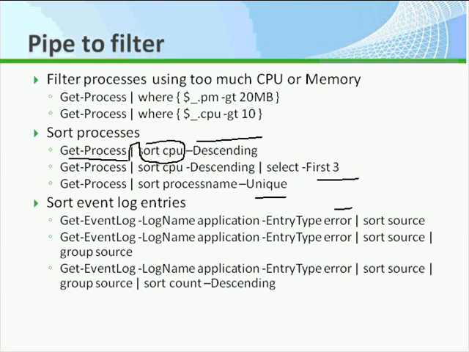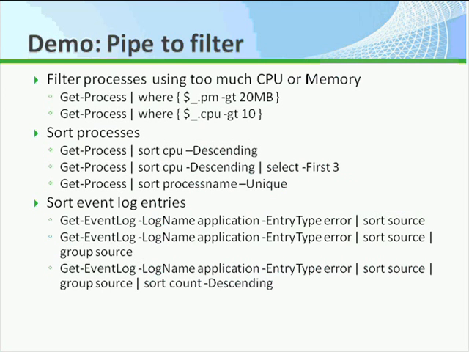This is very useful for helping you to look at problems that you may be having on your server or your computer, and to try to find who is causing the most problems. So this could be a very, very useful technique. Now I'm going to demonstrate using a pipeline to filter information.